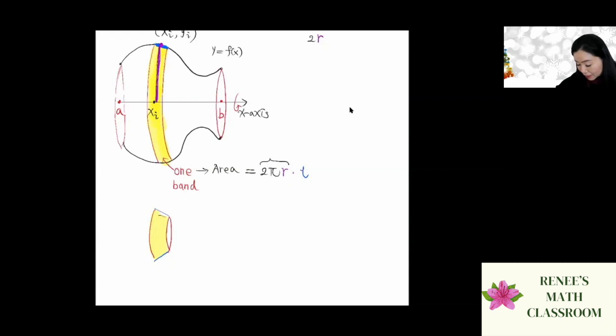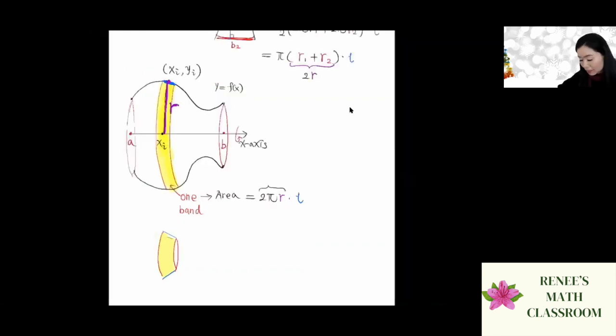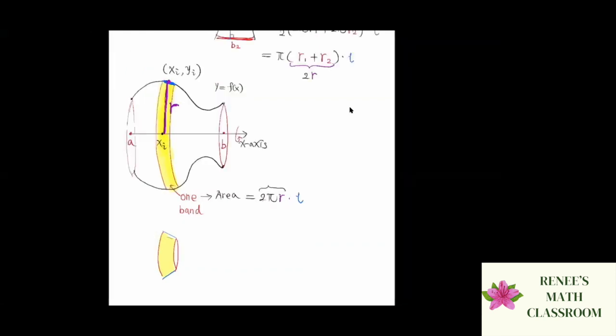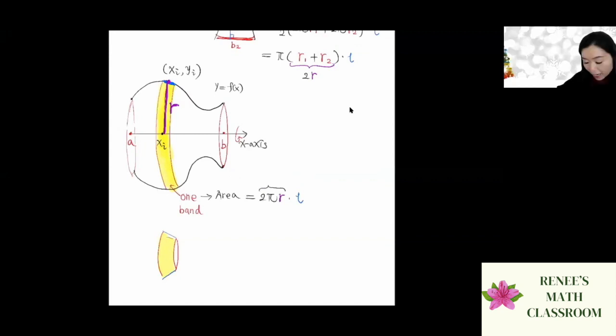What does it correspond to? Can someone tell me in this picture? This r here corresponds to y, to this yi, right? To the y coordinate of this point right here.